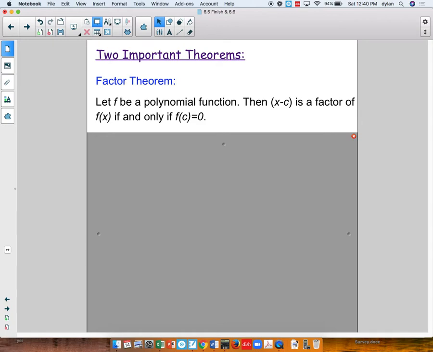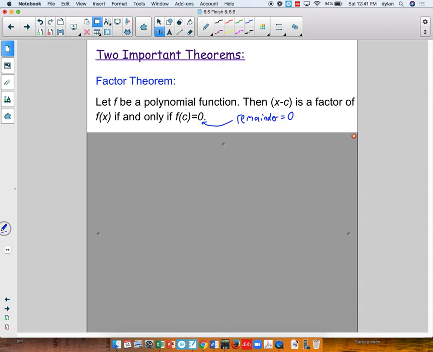What that's really telling you is that you can know if something is a factor. In other words, x minus c is a factor of a polynomial function if and only if, when you put in that value for f, you end up with a result of 0. In other words, you end up with a remainder of 0 when you do synthetic division.